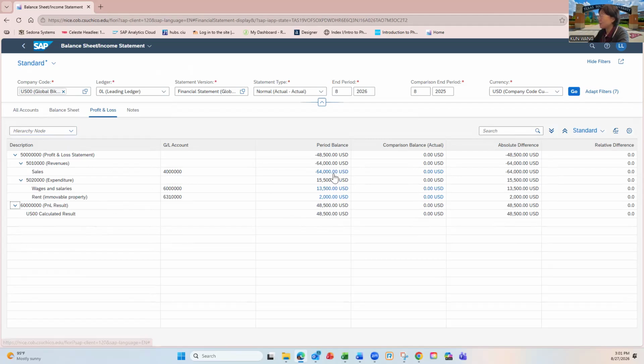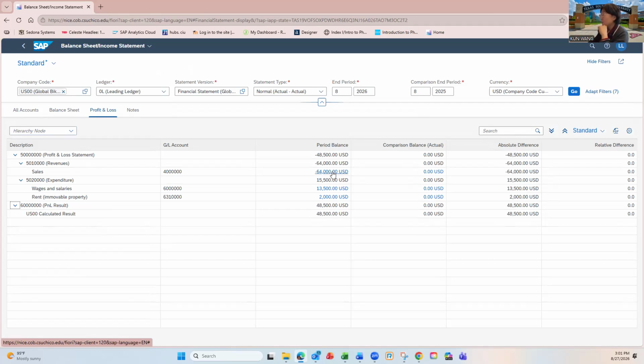And the calculation, be careful. In here, is a revenue credit, right? So for credit balance display, SAP uses a negative number for credit. This is not a negative revenue. It's actually positive revenue.